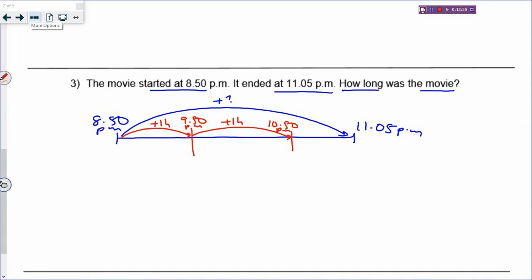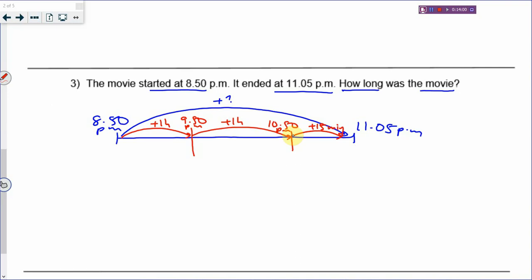Alright, then from 10:50 to 11:05. So how many minutes would that be? From 10:50 to 11, that will be 10 minutes. Then 10 minutes plus another 5 more, that will be 15. So you have to jump another 15 minutes to get 11:05. So that's how you make small jumps. So timeline is not making one big jump, right?